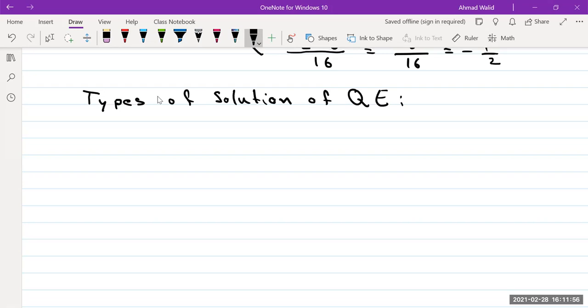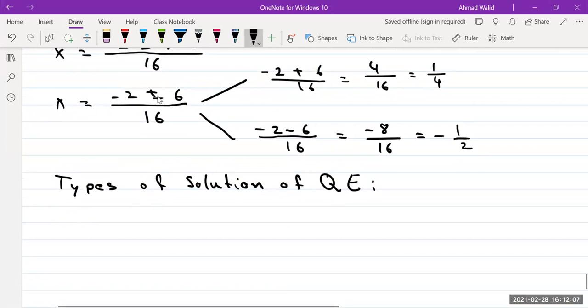When you solve a quadratic equation, which kind of solution you have at the end? Sometimes, like this example, you have 2 different solutions, but both of them are real numbers.